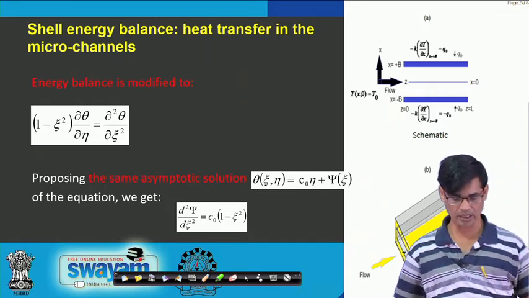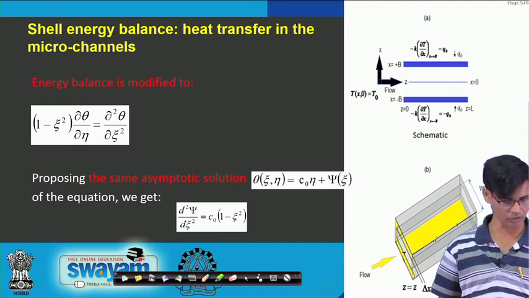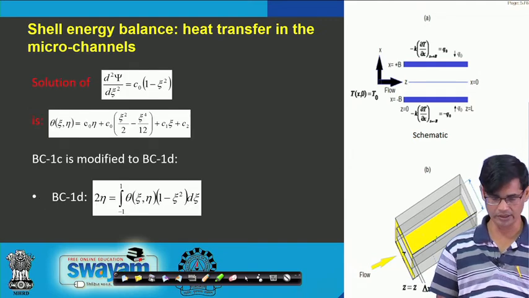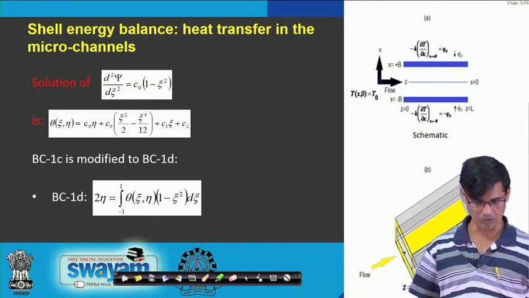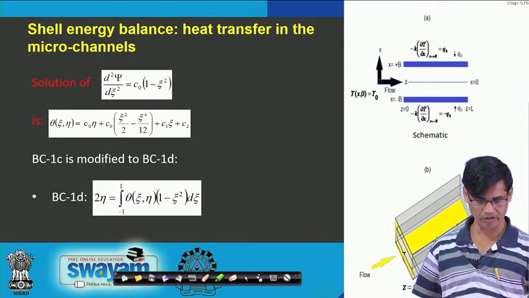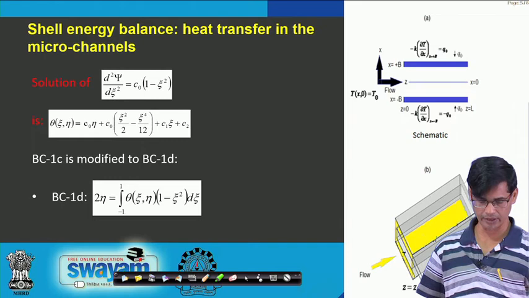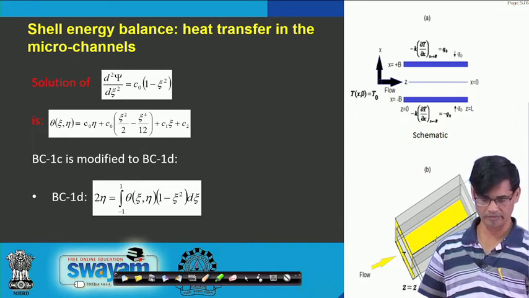This equation has once again been solved based on the boundary conditions. Boundary condition 1C has been modified in this case, as you see another extra term, 1 minus zeta square, is added.